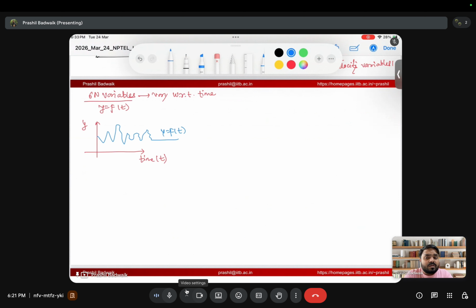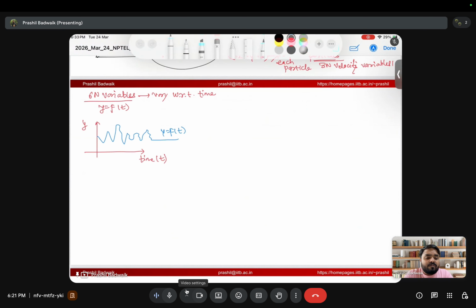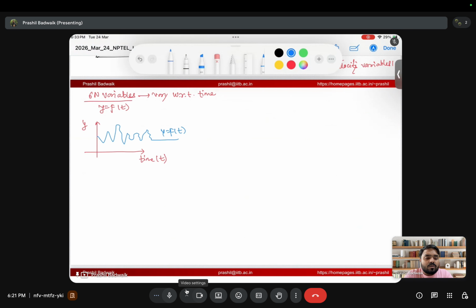So how many dimensions does it have? It is a 2D plot. If I consider time as something which is by default understood, then it is one variable that is varying with respect to time.